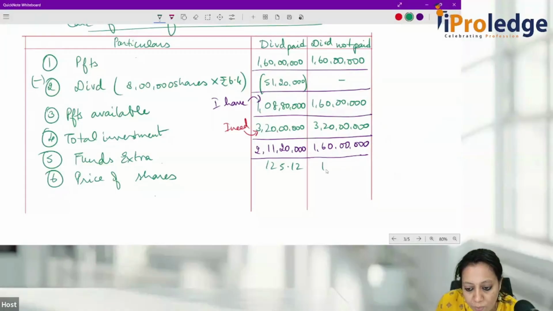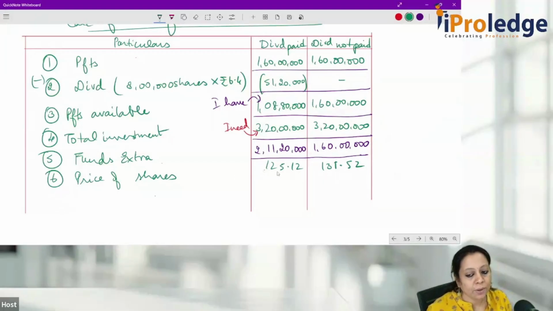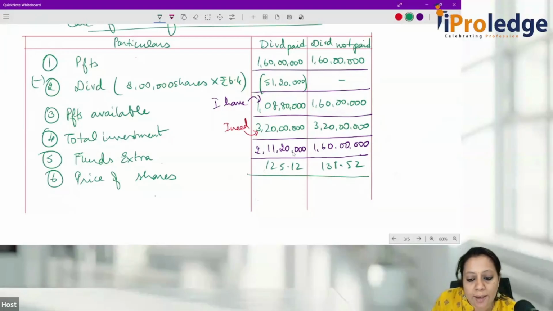125.12 and 131.52. So every one share will give me 125.12 or 131.52 as the case may be. But I need 2 crore 11 lakh 20,000. So again, one share gives me 125.12.